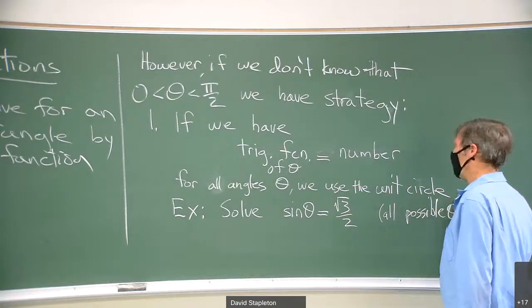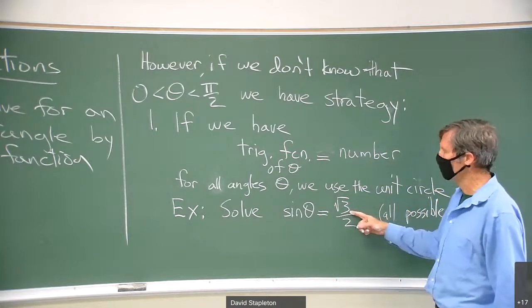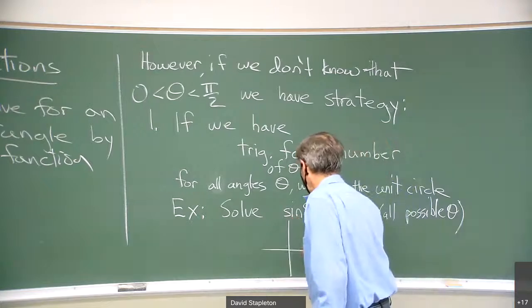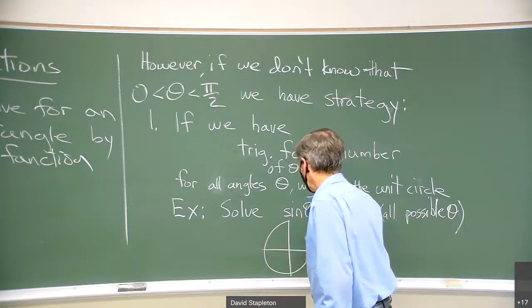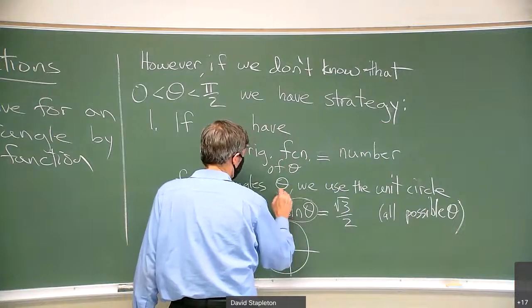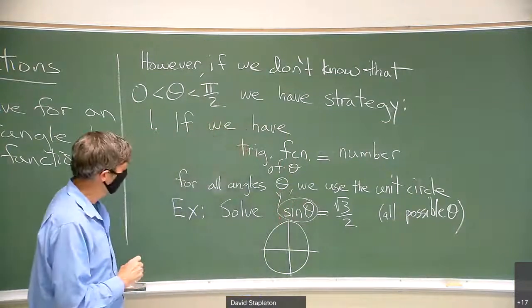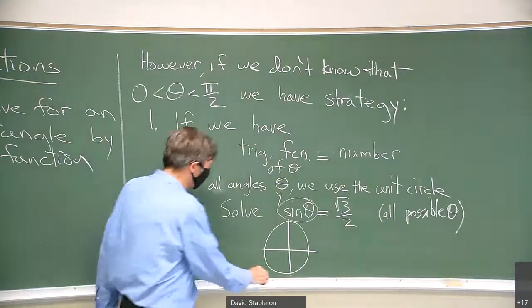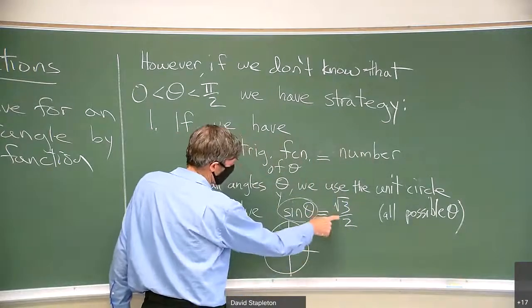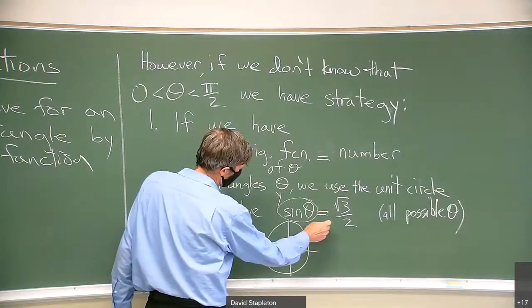This will be our first kind of trig problem: trig function equals a number. We'll put a unit circle down. We've done a little bit of this before. Sine theta is the y coordinate on the unit circle, right? So that means, well, square root 3 over 2 is about 0.8 something, so it's way up here.